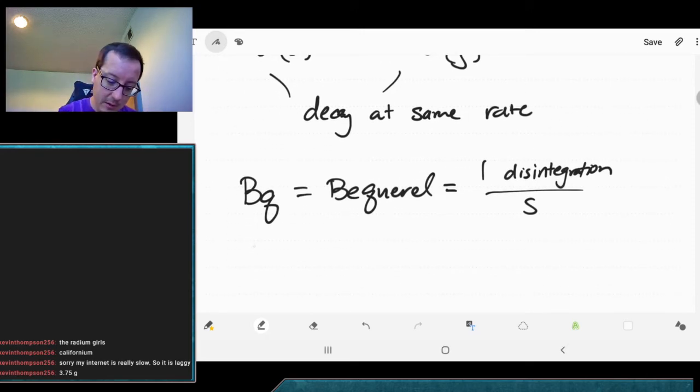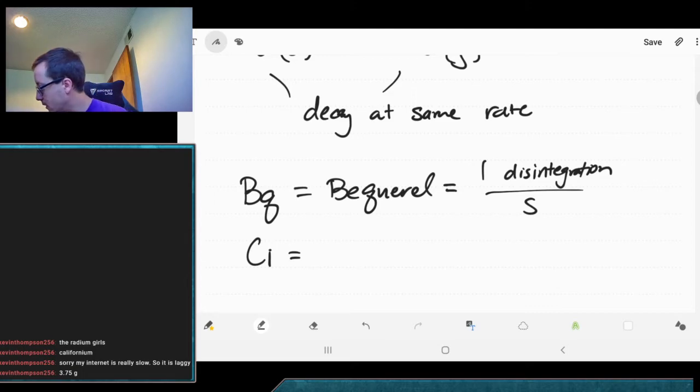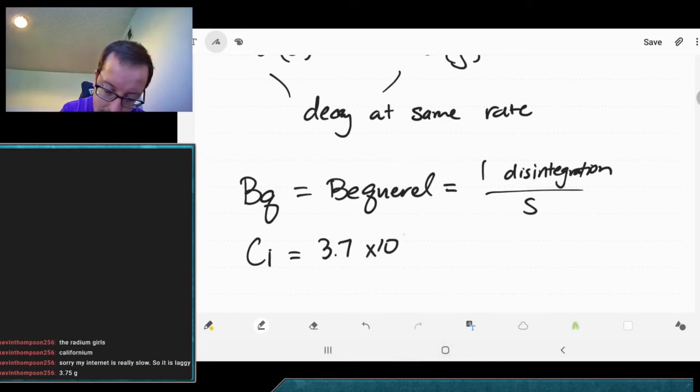Another one is the Curie, which is Ci, which is a number that I don't remember, and I have it written down here, which is 3.7 times 10 to the 10 disintegrations per second.